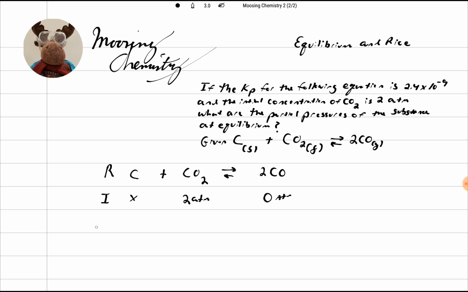All right, so the change. So again, we just X that out. The change is going to be minus x because it's going down. And we are increasing by positive 2x here because of our 2 right there.